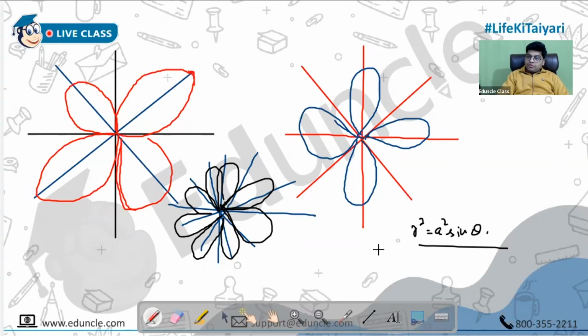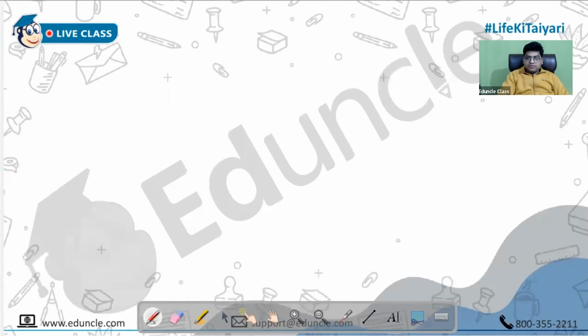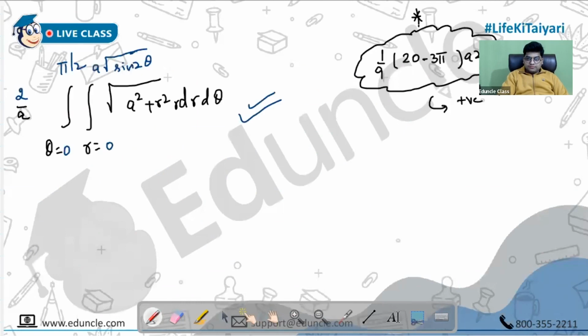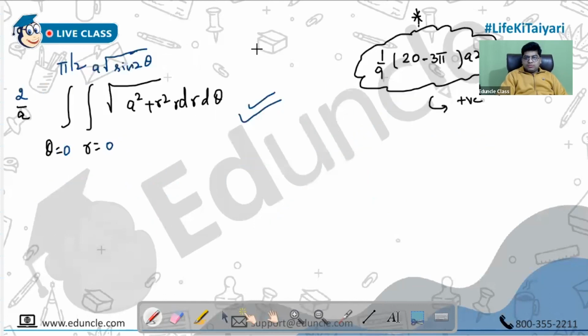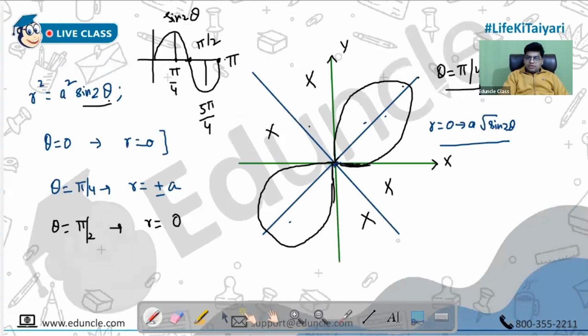If this is the problem, you can draw it, but only the angle will change. See, I did not take theta as anything else. In this question, first of all, I have not taken only 2 times; I have taken theta here to here, and theta here to here.